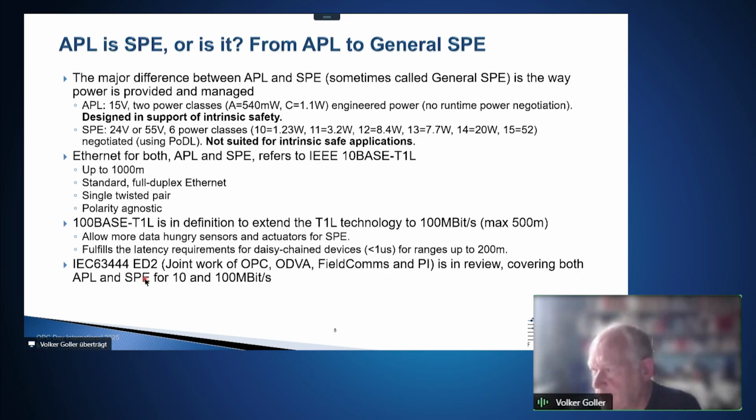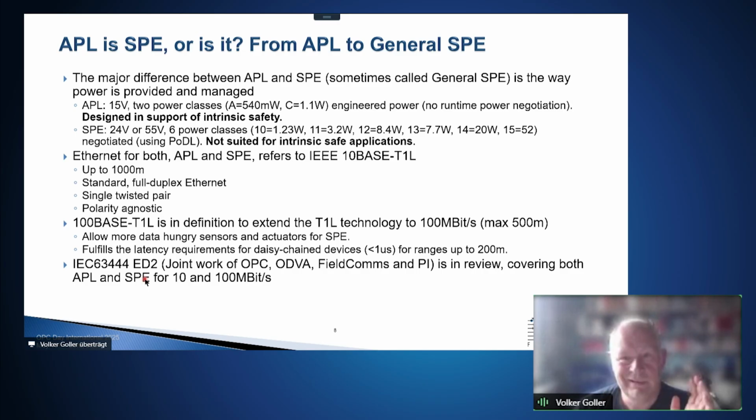It is in review now, and it's covering both APL and SPE for 10 and 100 megabit with all the information you need, how to calculate cable lengths and power classes. So we have a common standard for industrial communication, how to do powered links based on this technology.